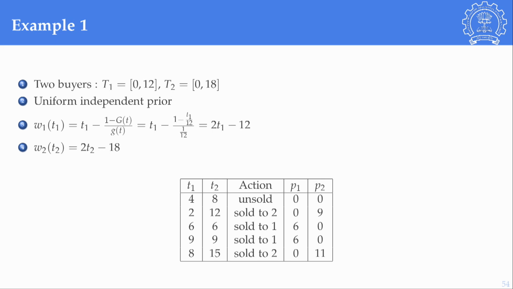Okay. So, what happens for the second case? Why is it sold to 2? For the first agent it is still negative, and for the second agent it is positive. So, how do we calculate the price?